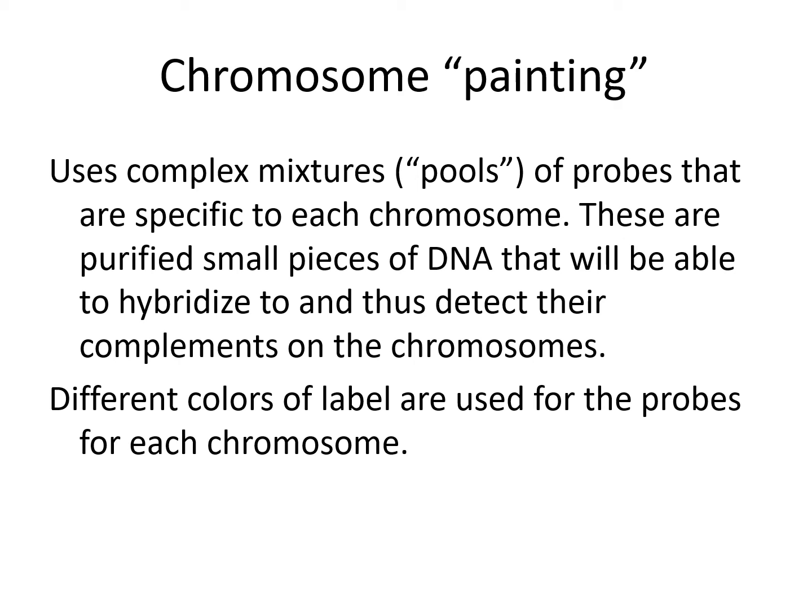So these are all collectively going to be labeled the same color, and they're going to hybridize to detect their complements on the chromosomes. Now, if you want to detect different chromosomes, you simply use probes for that chromosome, but label them with a different fluorescent molecule that will be able to be distinguished from the color of the first one.